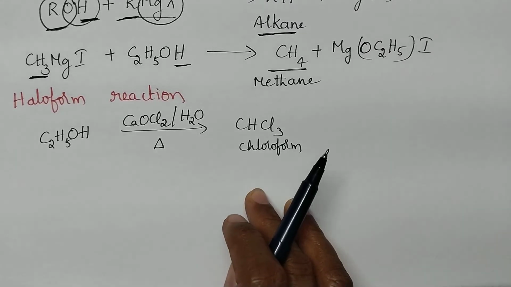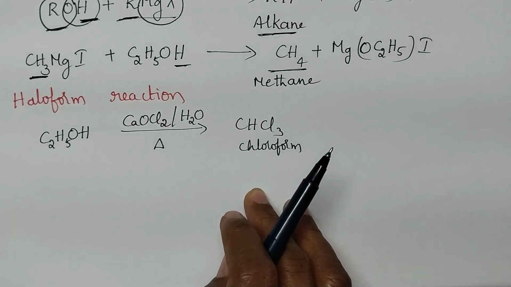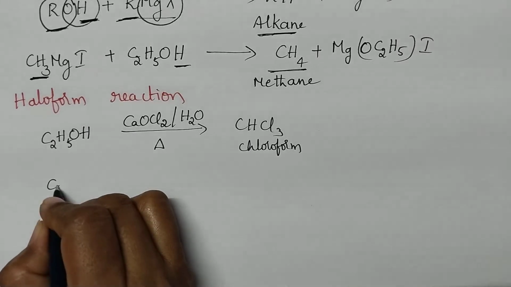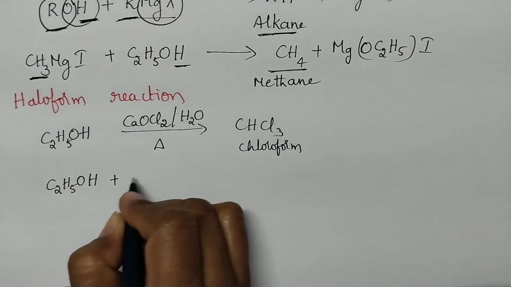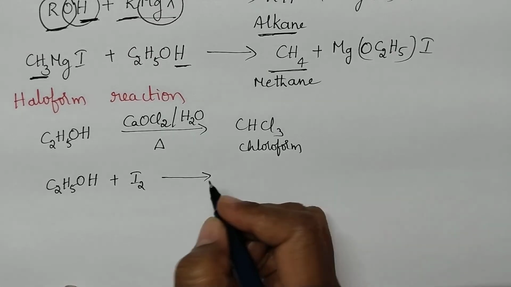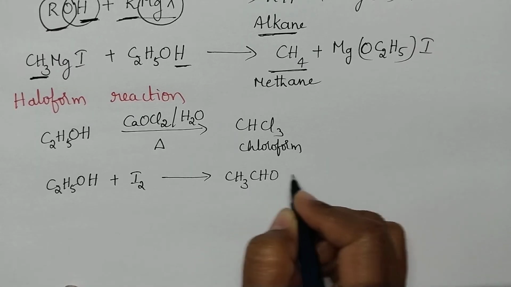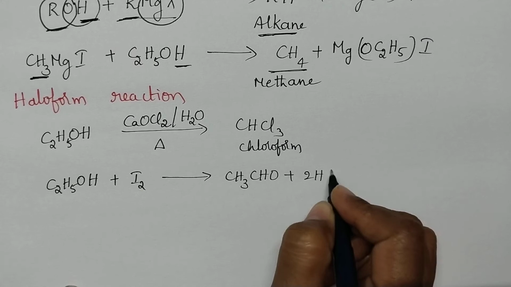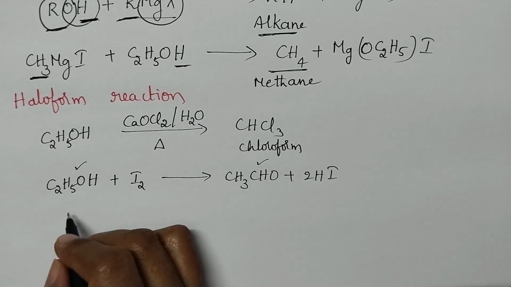And remember that it is also possible to prepare iodoform by using iodine and potash. So here also the starting material is ethyl alcohol. When it is treated with iodine, it undergoes oxidation and results in the formation of acetaldehyde. So in the first step, ethyl alcohol will be converted into acetaldehyde.